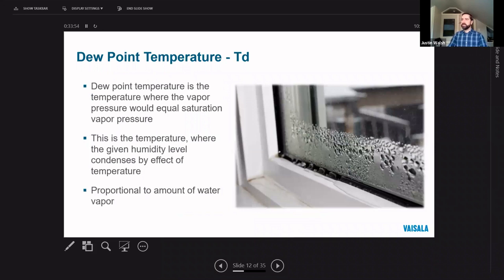The dew point is a common parameter. It is represented by a temperature because it is the temperature at which the current amount of water vapor pressure will equal the saturation vapor pressure. And at this point, the rate of condensation would equal that of evaporation. It's witnessed as condensation on surfaces that are at or below the dew point of the air. You can think of this window here, or maybe the dew on the grass in the morning, or a cold glass in the summertime.